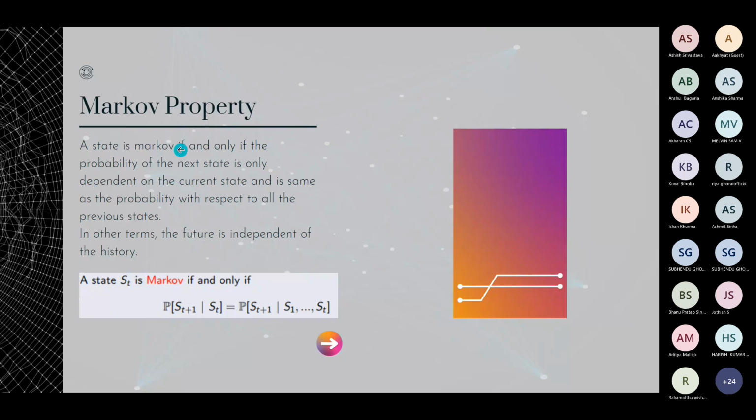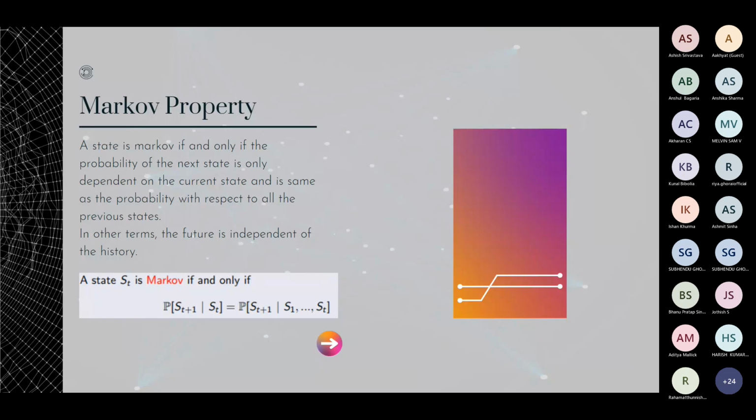We say something has a Markov property when its future is independent of its history. Say you have a product: when the future of that product is independent of its history, then we say that product has a Markov property.